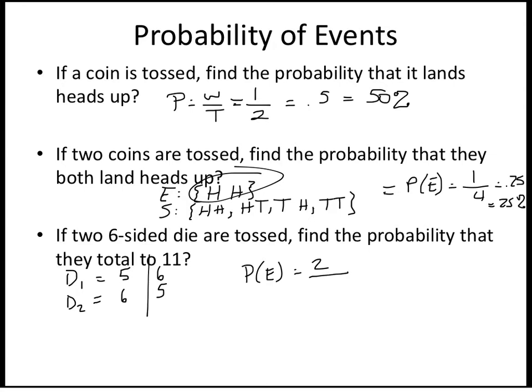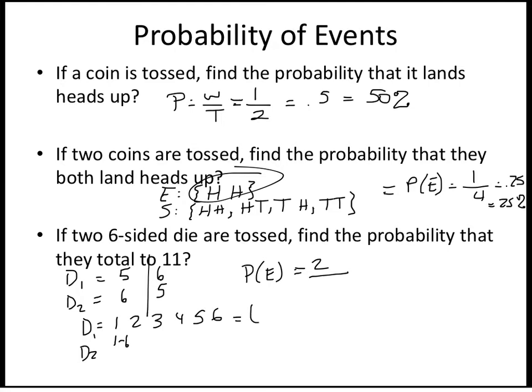some number. What's that number going to be? Well, I have 6 ways that die 1 could come out: 1, 2, 3, 4, 5, or 6. Now die 2 could be the same, 1 through 6 for the first one, 1 through 6 for the second one. Each of die 1's configurations could have 6 different die 2 configurations.